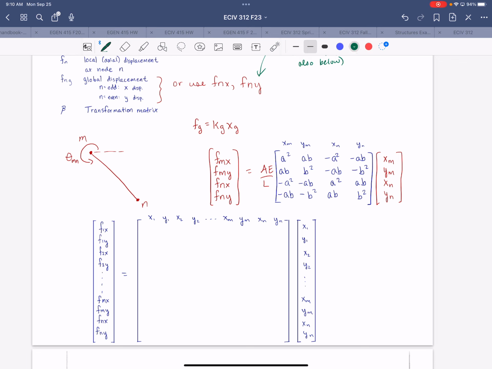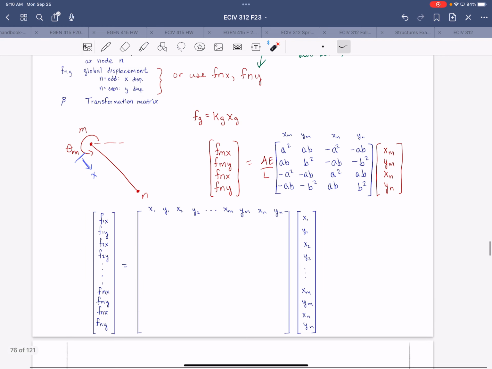So the local x is always going to be measured from the lower numbered node towards the higher numbered node, right? So in this case, that's your local x direction. So this theta would be measured like that, or you could identify what this angle is and just call it negative, whatever the value is, right?